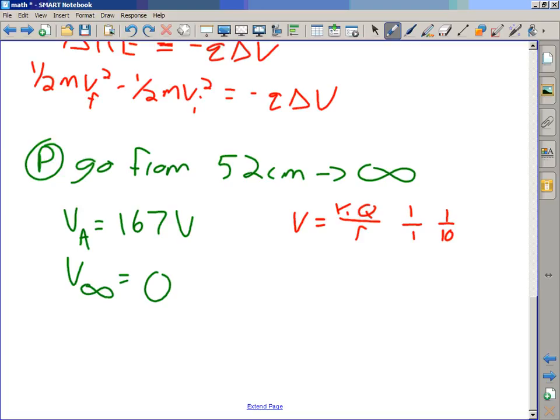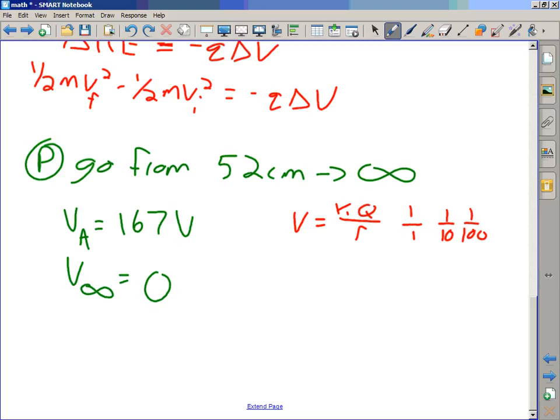It's getting smaller. 1 divided by 100 is 0.01. I keep going and going, and the closer and closer I get to infinity, the closer and closer I get to 0. So an assumption that we make with math is that the voltage at infinite distance away, whatever infinity is in the first place, must be 0.